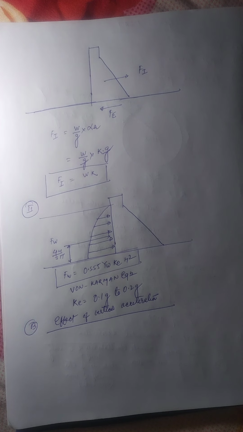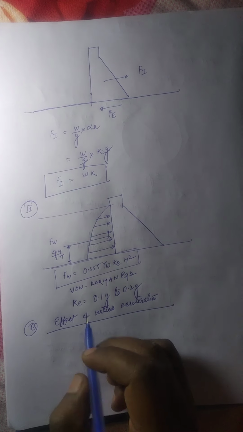Whenever it acts in the upward direction, it will try to increase the effective weight of the body of the dam. And when it acts in the downward direction, that means the foundation will try to move far away from the massive structure of the dam. That means the effective weight of the dam will be decreasing.